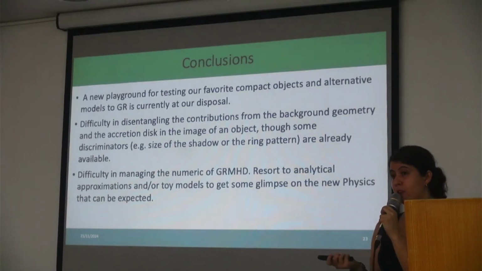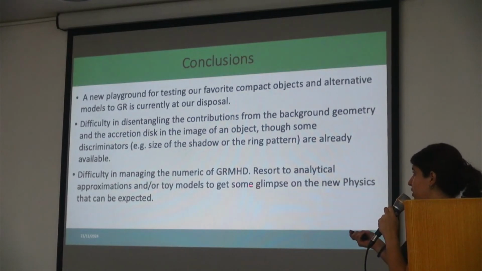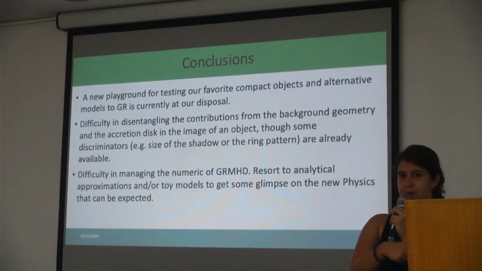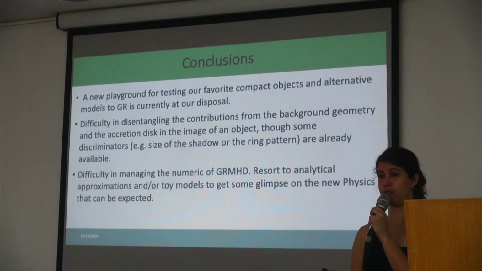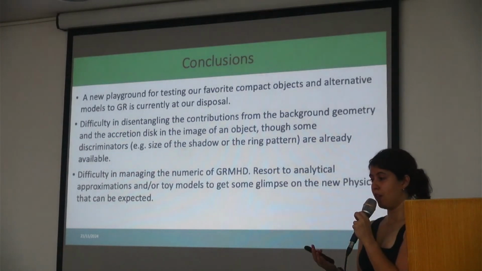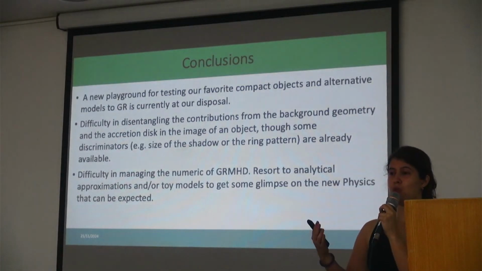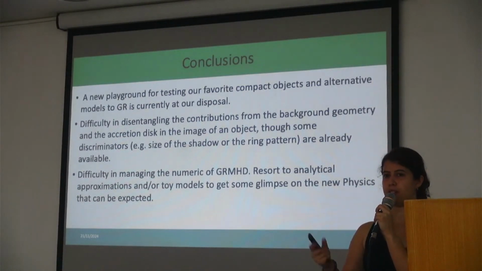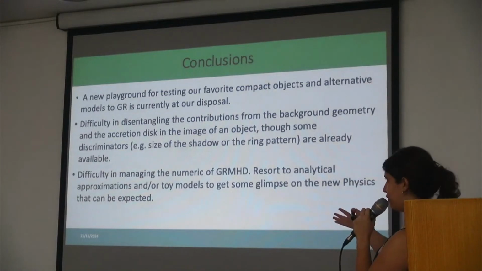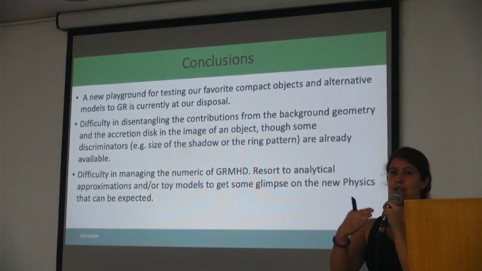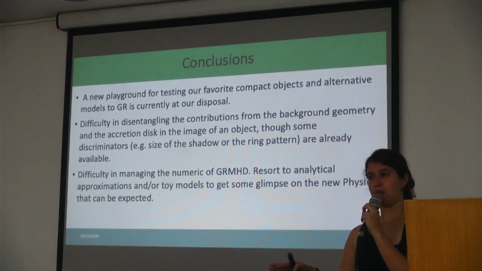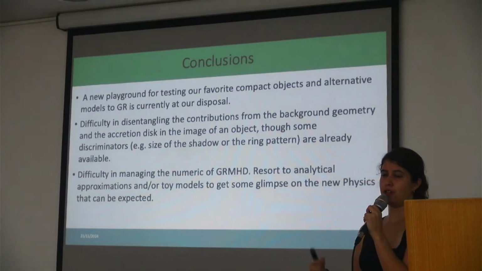The problem is that usually we use general relativistic magnetohydrodynamics simulations, but they are very computationally demanding. So I think that in the near future it would be good to have some kind of toy model, based on this kind of simulation but in a much simpler way, so that we can trust it.